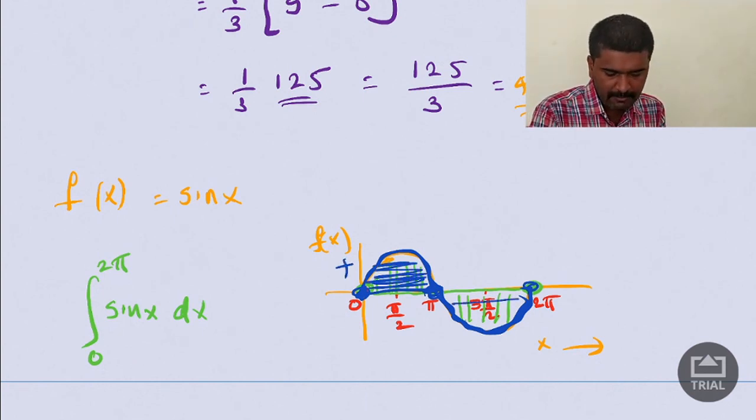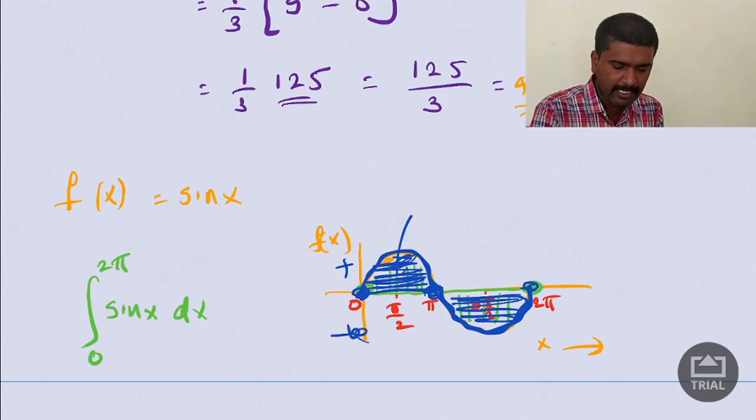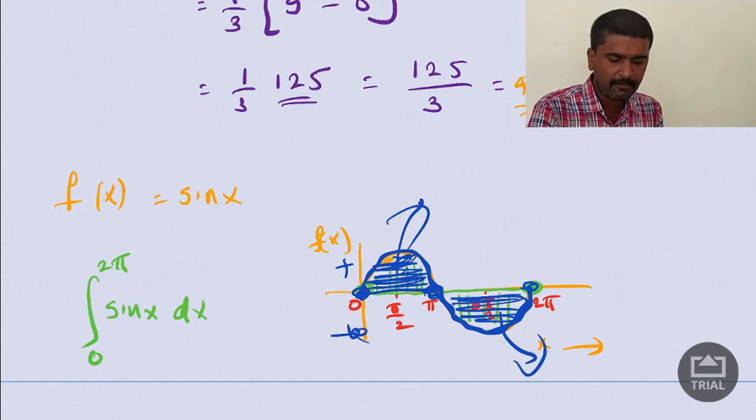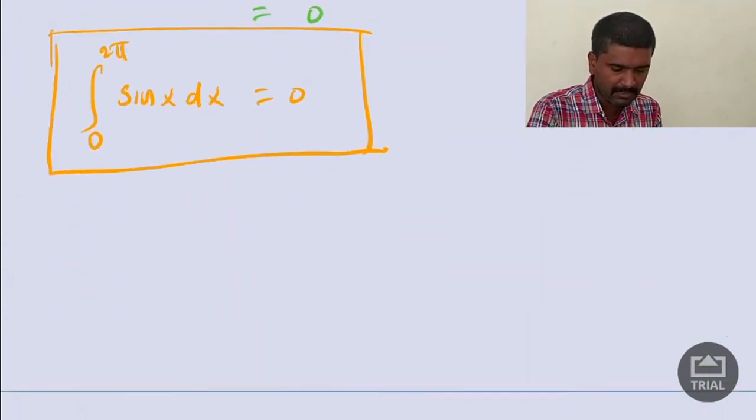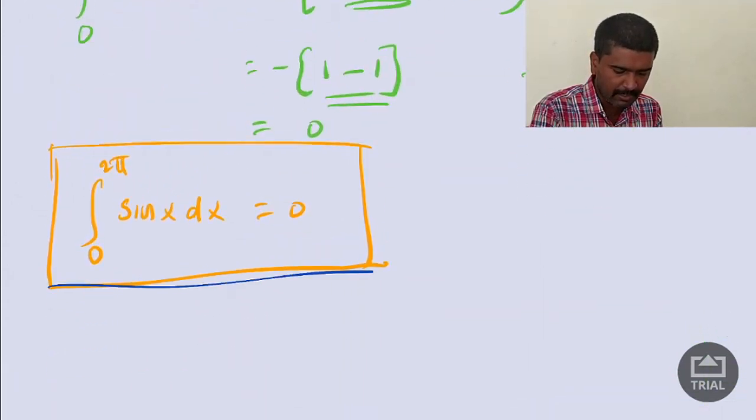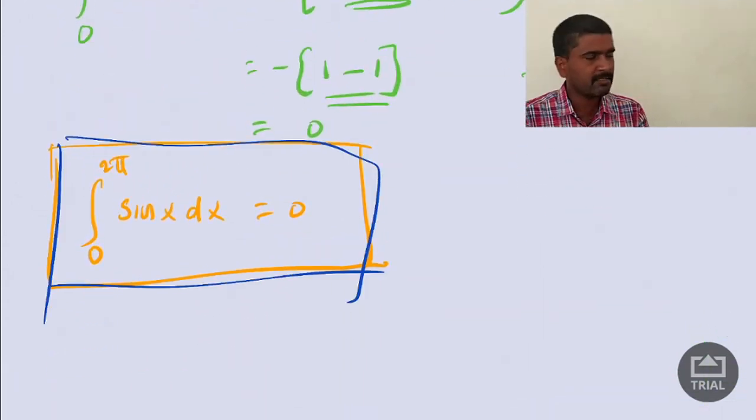And when I integrate the function from here to there, I get a negative area. Whatever positive area I get, I get the same amount of negative area also. So if I add that positive and that negative, I get 0. The same result is consistent with the graphical model. So this is how you can find the integration. Tomorrow we will continue from here.